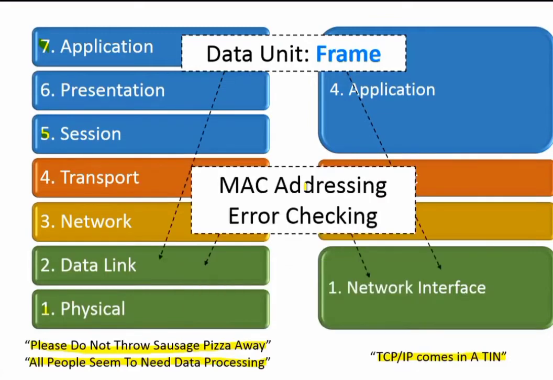Next, we have the data link layer. When the packet comes from the network layer down to the data link layer, it will add a data link header to it, and that information is called a frame. The data link layer is responsible for MAC addressing.